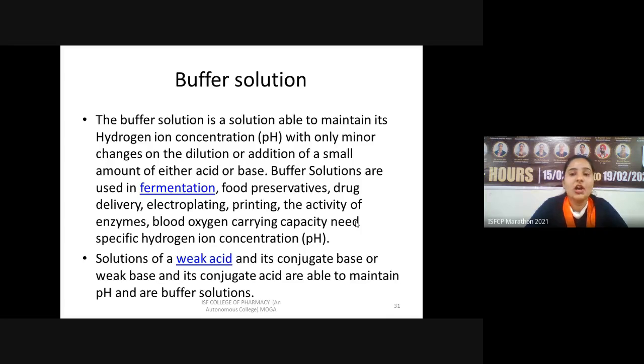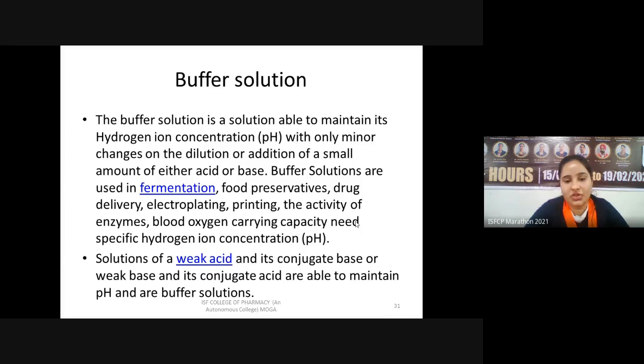Buffer solutions are normally used in fermentations. They are used as food preservatives, and in drug delivery, electroplating, printing, the activity of enzymes, and blood oxygen carrying capacity, which need specific hydrogen ion concentrations.